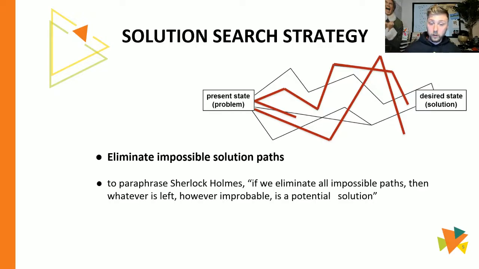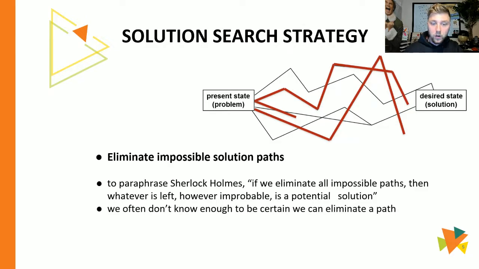There's a famous quote from Sherlock Holmes, paraphrased: if we eliminate all impossible paths, then whatever's left, however improbable, is a potential solution. And you can see that here. If we eliminate all the red paths, we don't know where the paths are going to lead, but we do know that there exist paths that will lead us to the solution.